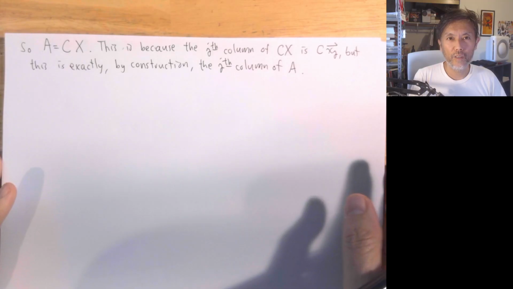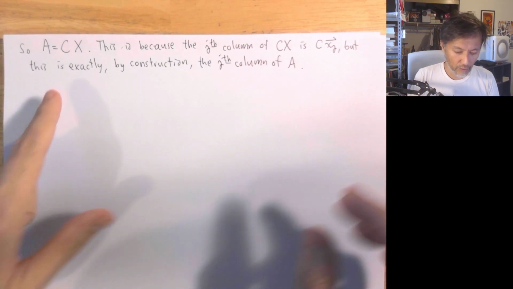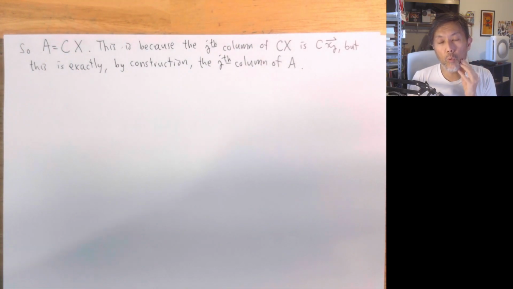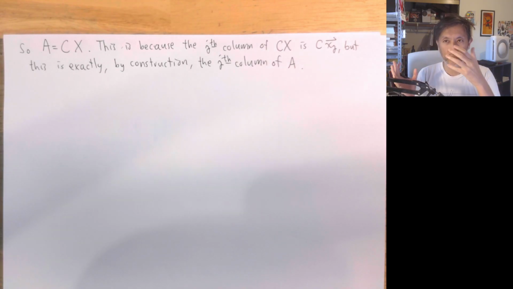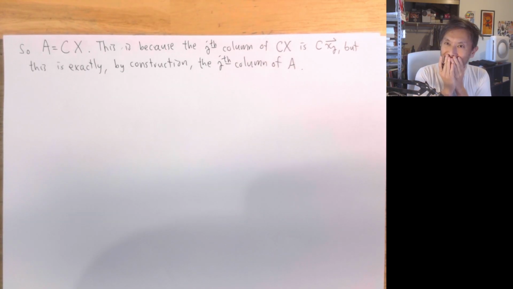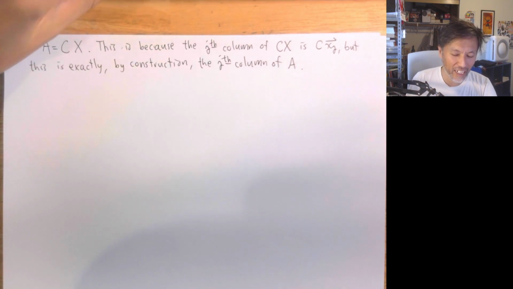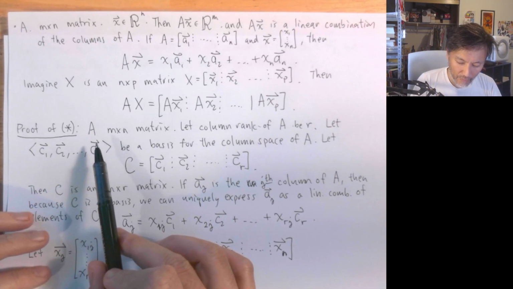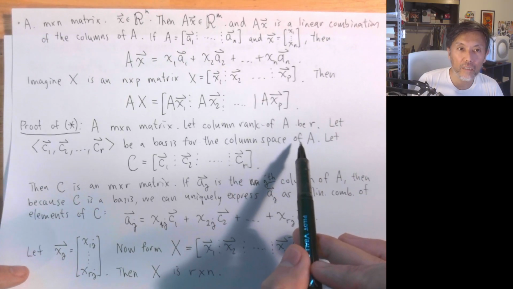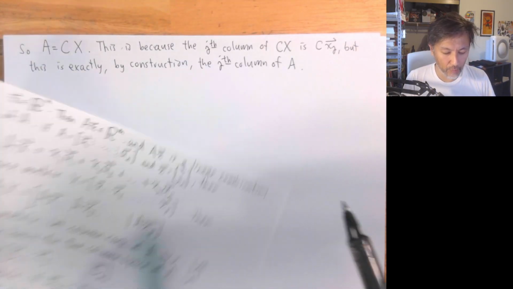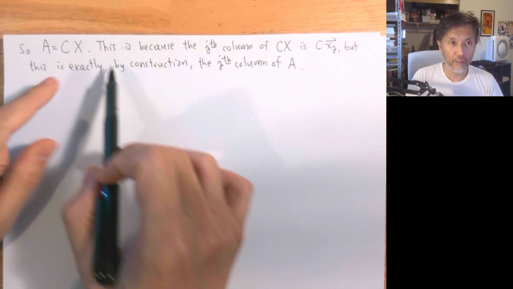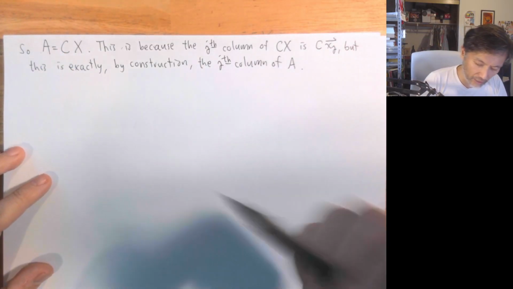Now, and this is a key moment with this factorization, now we're going to use the transpose. All right, so let's just take a moment. The column rank of A is R. Now we're going to take the transpose of this product here.